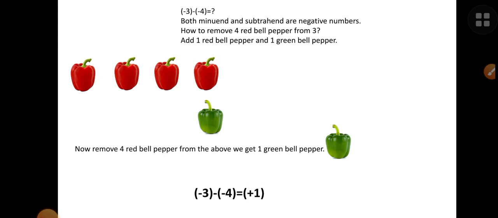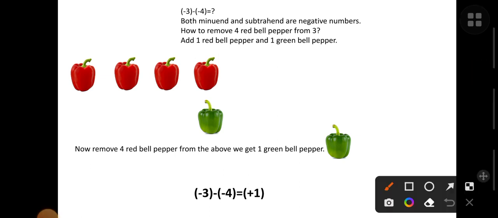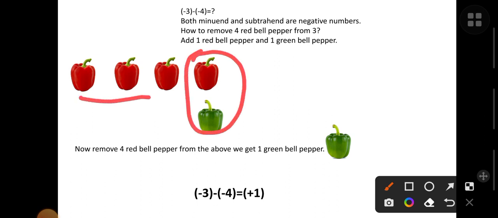And the last case: both minuend and subtrahend are negative numbers. How to remove 4 red bell pepper from 3? Add 1 red bell pepper and 1 green bell pepper. So this one we have added with the existing 3 red bell pepper.